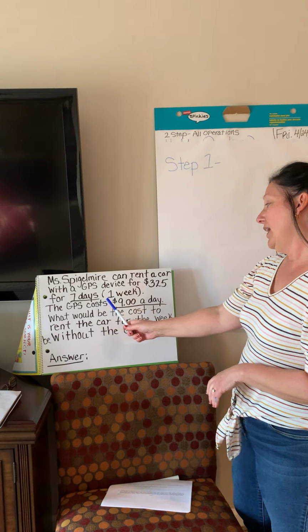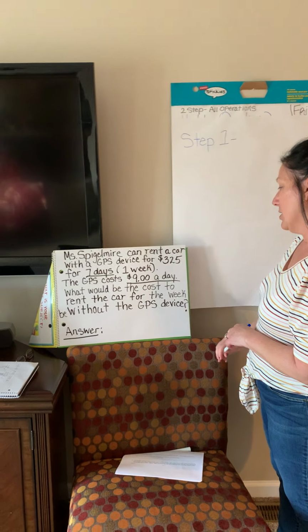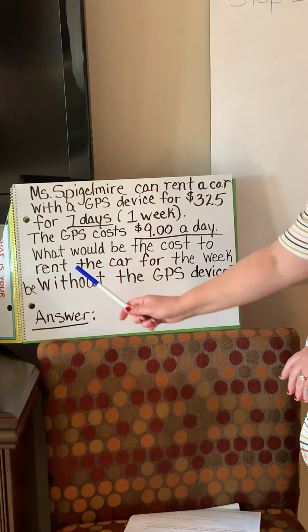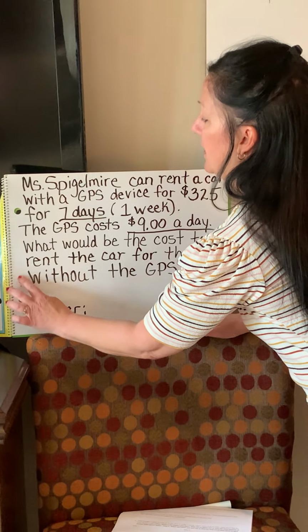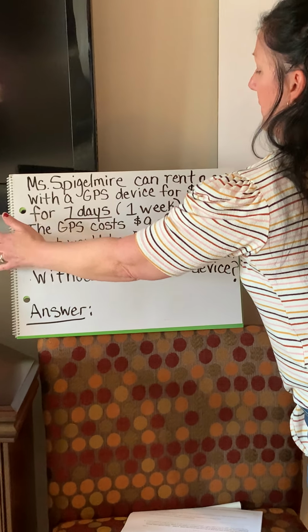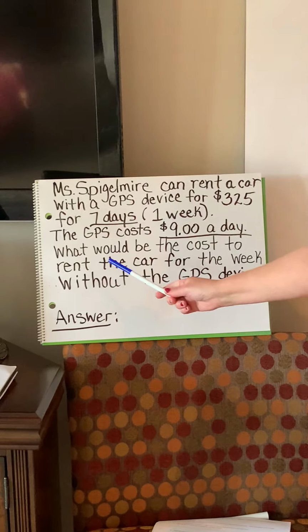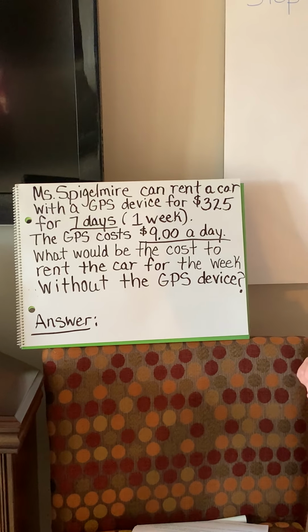So the GPS costs $9 a day. What would be the cost to rent the car for the week? Sorry. All right, let's reread that problem again. What would be the cost to rent the car for the week without the GPS device?